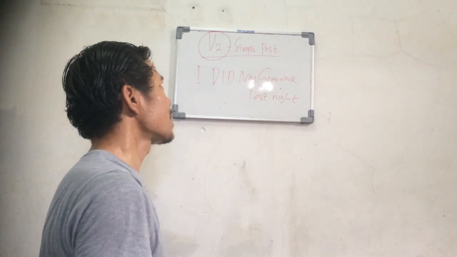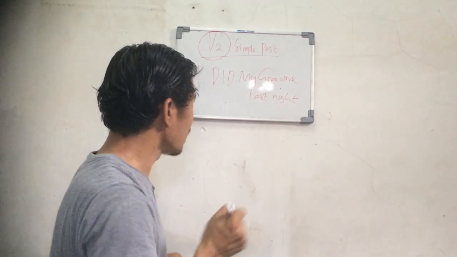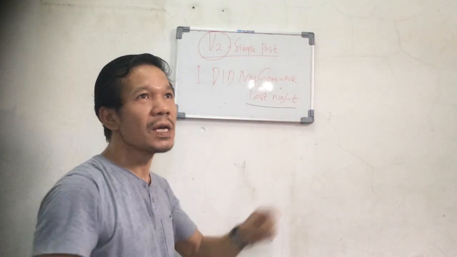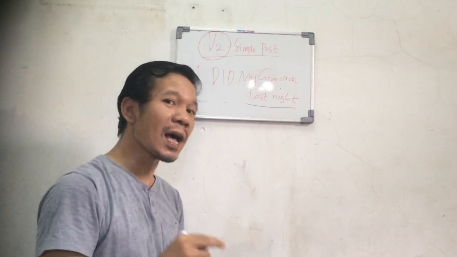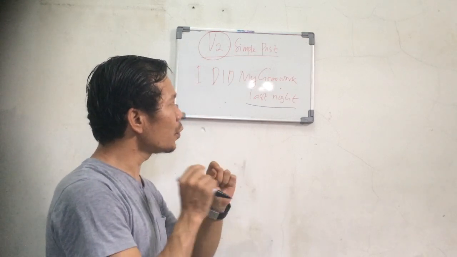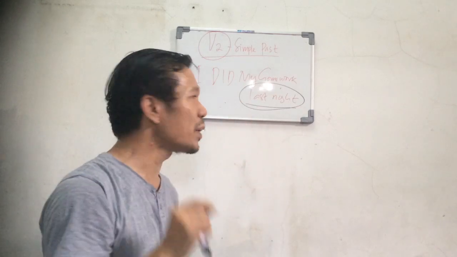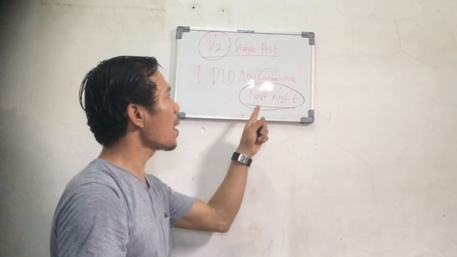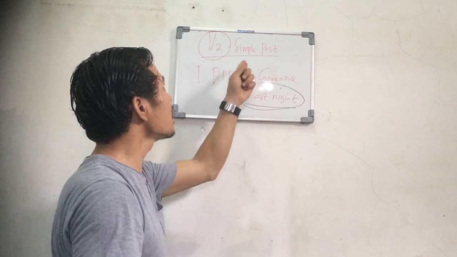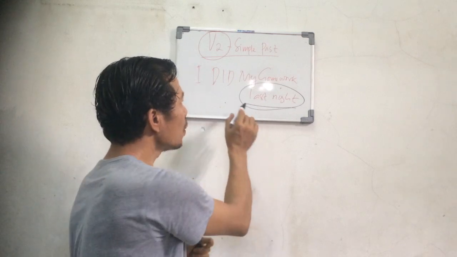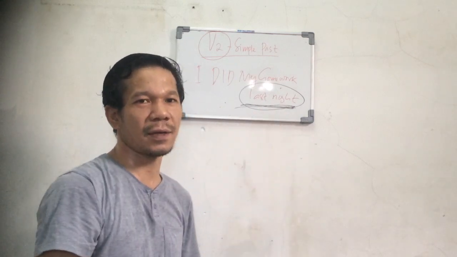So that's simple past. In the second explanation, we have here "last night." So this is the specific time. For an action that we had done in the past, we tell the listener the specific time. That's the important thing in simple past, so we have to put the specific time.